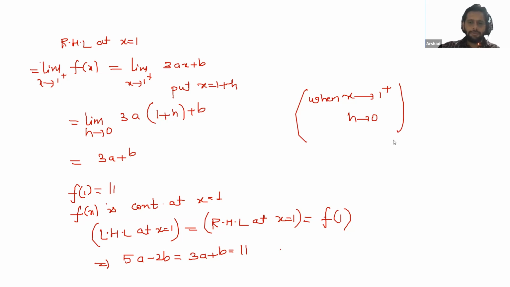Everyone, please complete this. Tell me the answer, then I will give you a 10-minute break. This is a simple linear equation. Please solve it and let me know the answer.